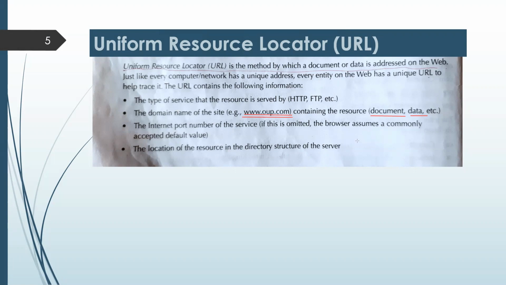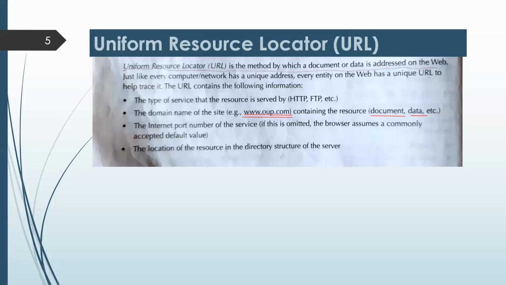We are going to discuss that in the next topic. Then the location of the resource in the directory structure of the server. It will connect to the port, then from the port the location will be identified and picked from there, and after that it will be transferred.